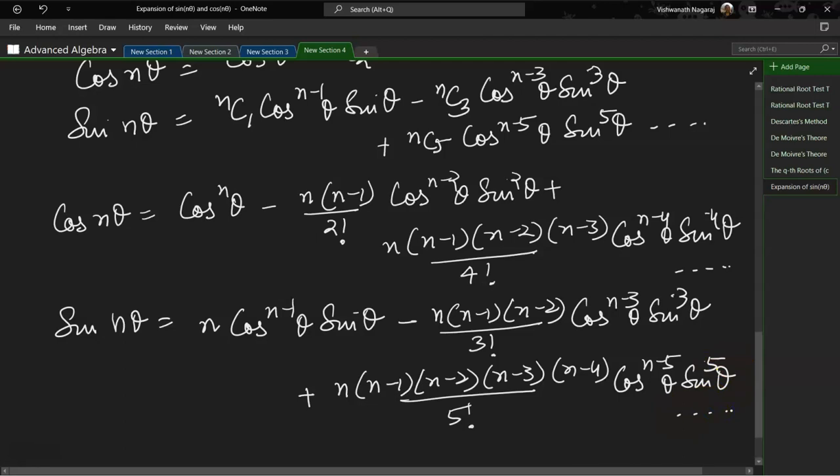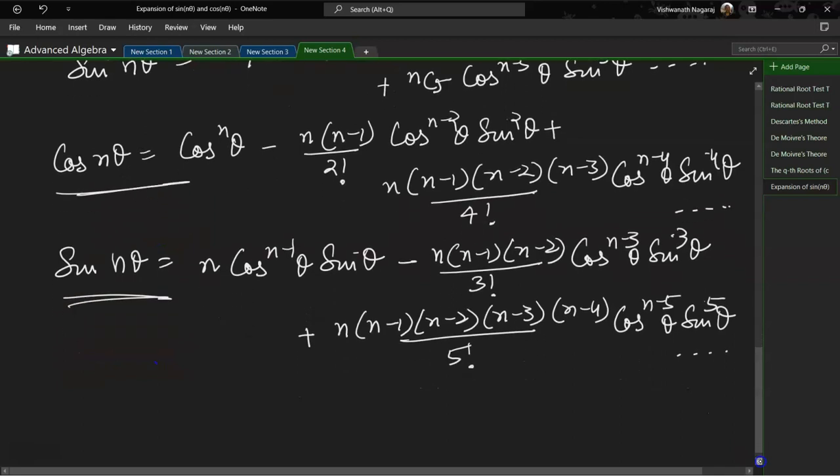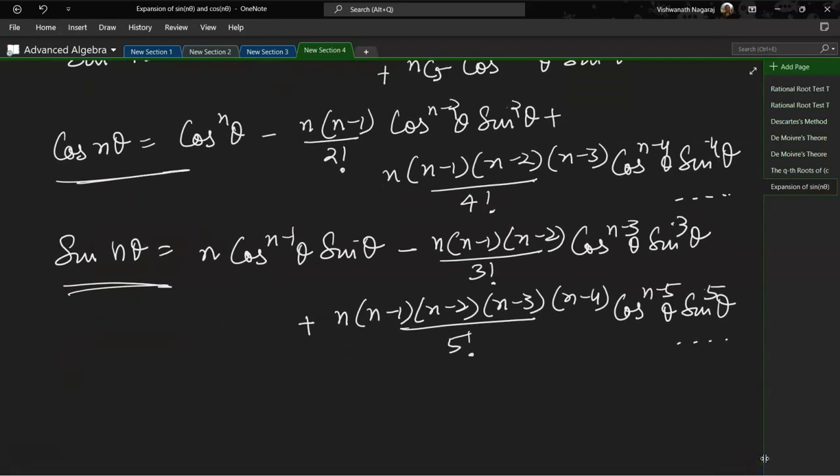So these can be used to figure out any multiple of θ for cos and sin.